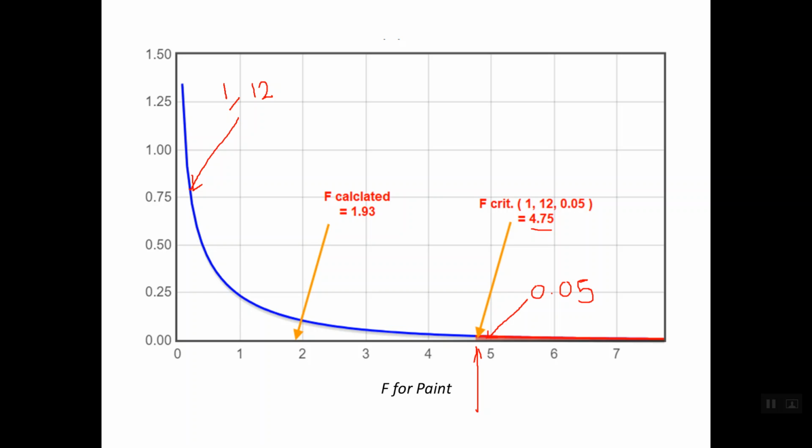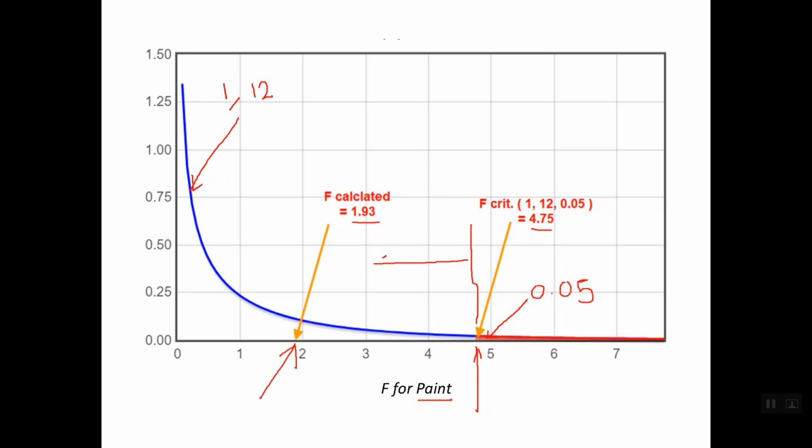So this is the curve for the first factor, which is the paint. Notice that we already calculated the value of F. It is 1.93. And notice that the calculated value of F is less than the critical one. The critical value here divides the curve into two regions.